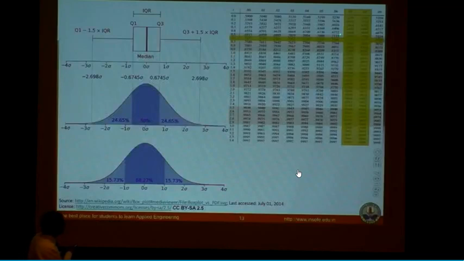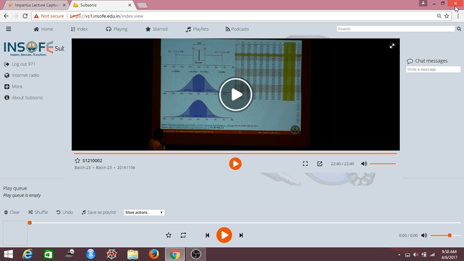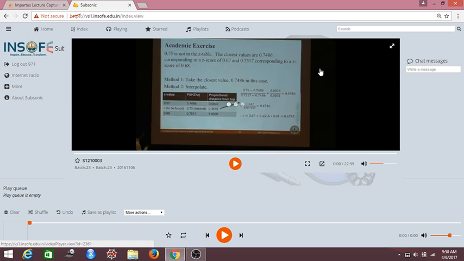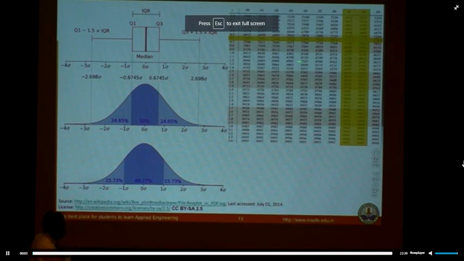It is somewhere between 0.65, 0.67 and 0.68. Okay, 0.675.